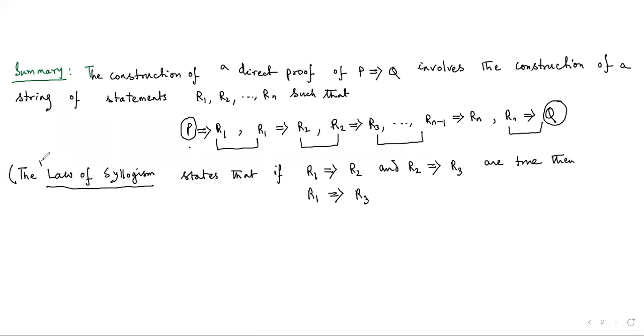This law of syllogism has been applied here, and therefore we can say that if P implies R1 and R1 implies R2 and so on, and ultimately we reach Q, then P implies Q.